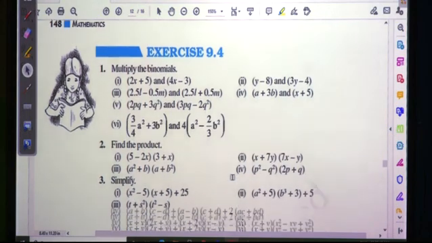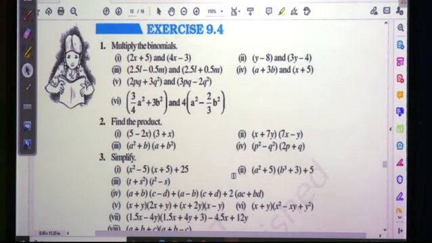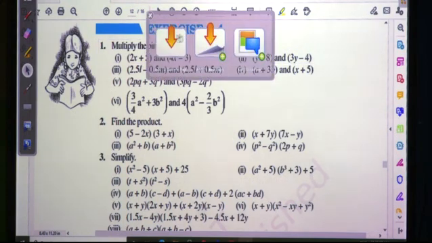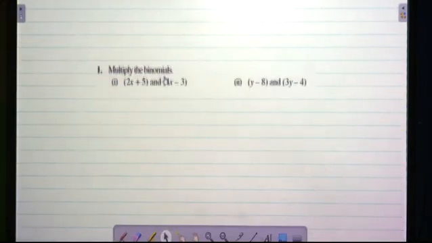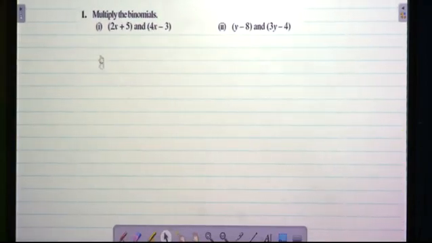Now it is exercise 9.4 that we have to solve. What is the first question? Multiply the binomials. Now let us take the first two sums there on the page and we shall solve it.